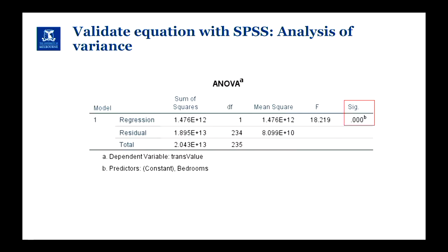Then we can go back to SPSS. In our output window, there is one table called ANOVA, which indicates all the values of the squares.